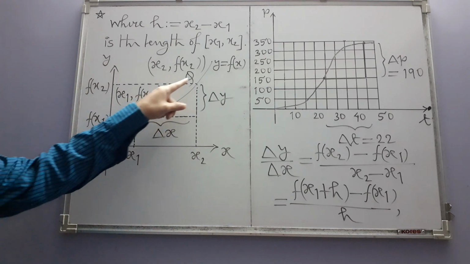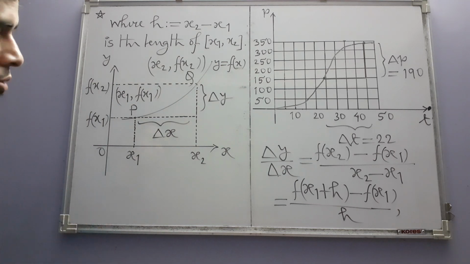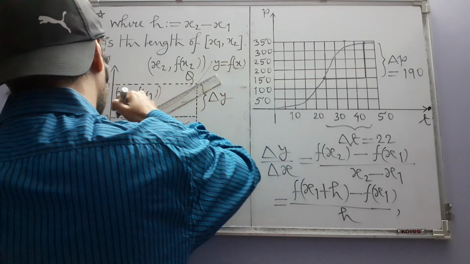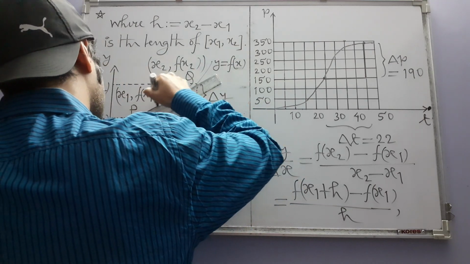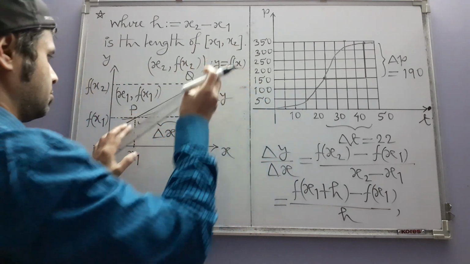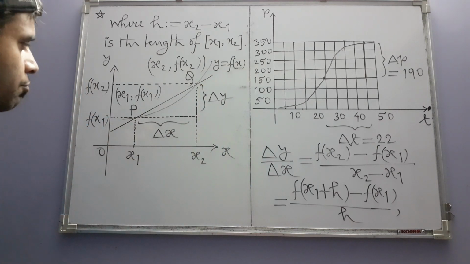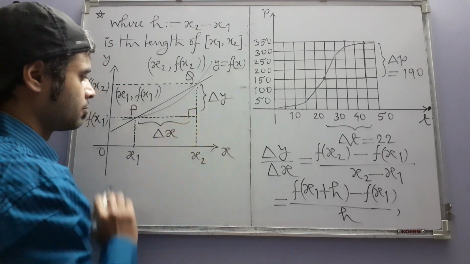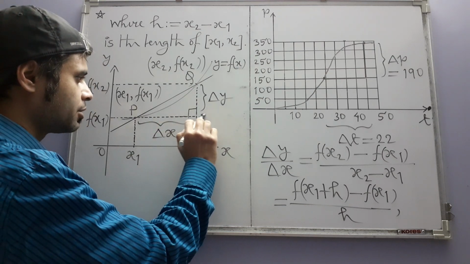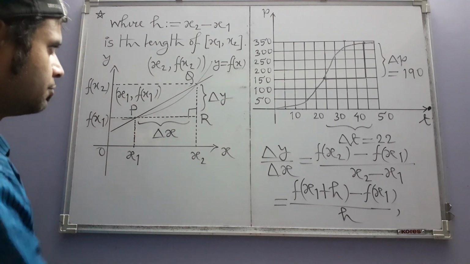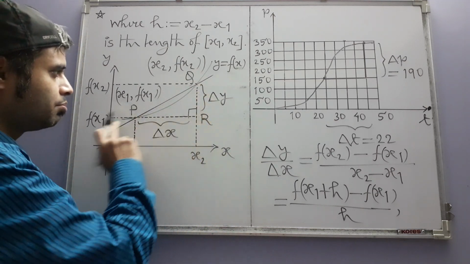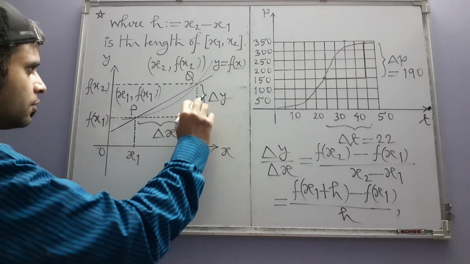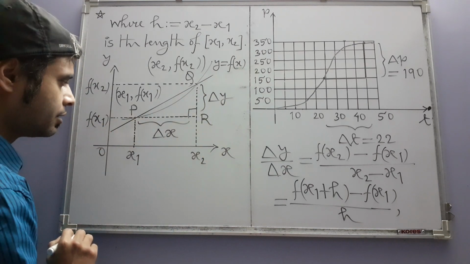Now, if we join these 2 points P and Q by a straight line, or if we rather consider the straight line that passes through these 2 points, then we end up having a right angled triangle. If you want to give this point a name, say we call it R, then we get the right angled triangle PQR. Now, in this right angled triangle PQR, what is delta y divided by delta x?